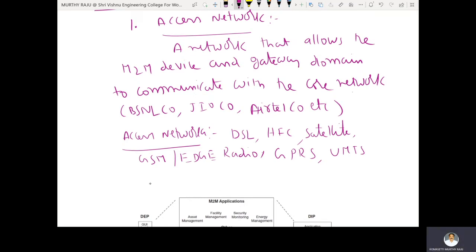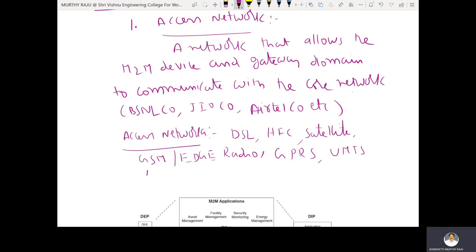GSM means global system for mobile communication, and HFC means hybrid fiber coaxial cable. These are some important access networks.